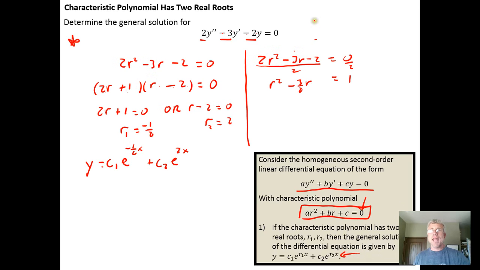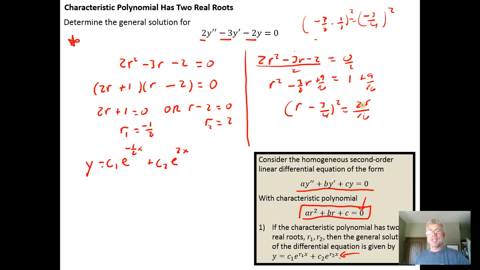We could have taken half that coefficient and then squared it and gotten 9/16 and added that 9/16 to both sides, which would give us r minus 3/4 quantity squared, and we get 16/16 plus 9/16, that'd be 25/16.